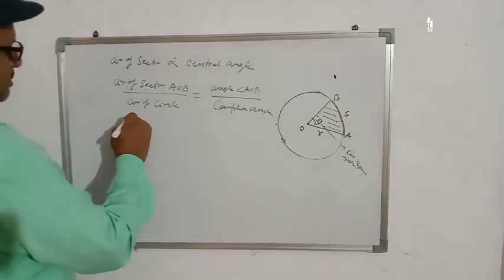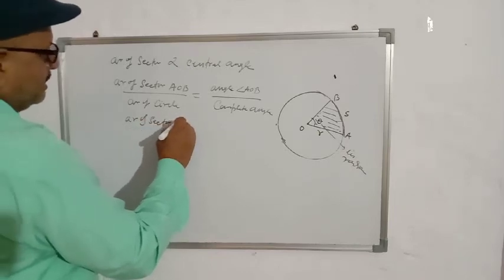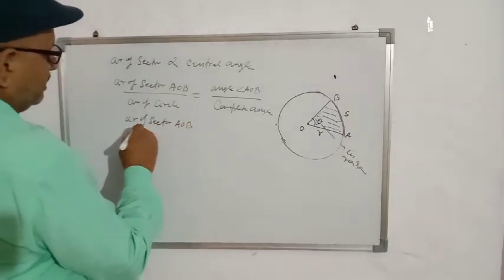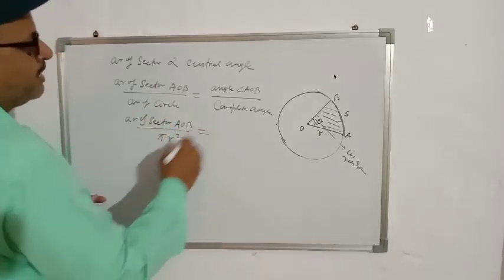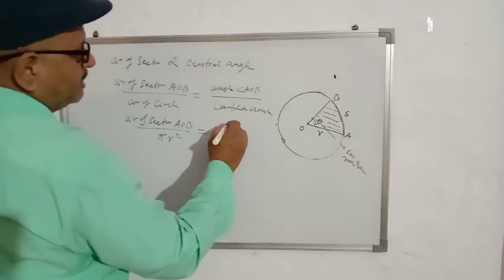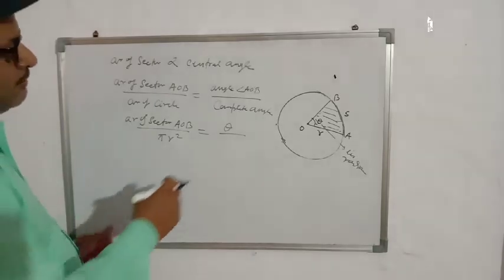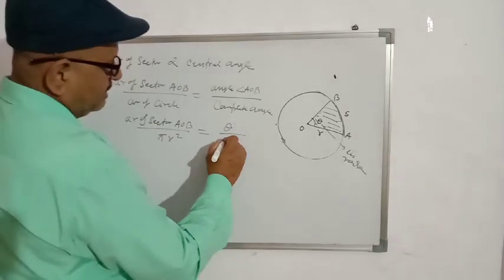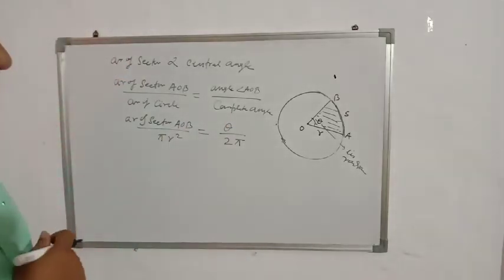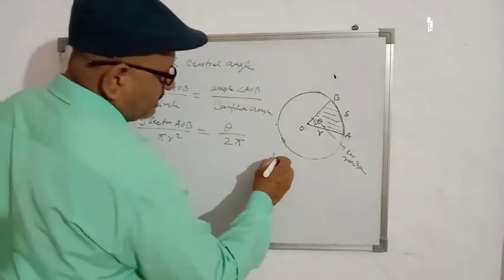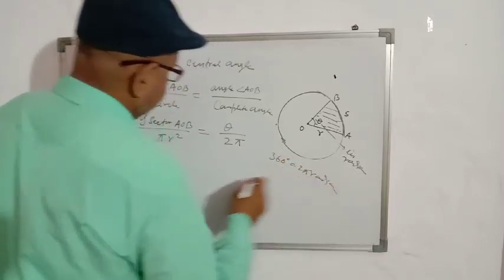So area of sector AOB upon area of circle, which we know is pi r square, is equal to angle AOB theta upon the complete angle 360 degree, but we have to write in radian, so we will write 2 pi. 360 degree is equal to 2 pi radian.